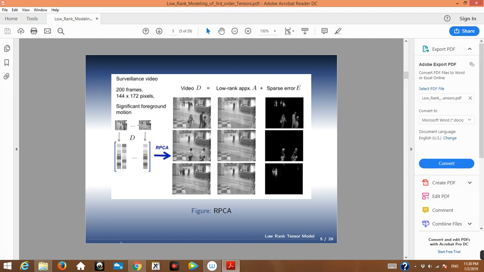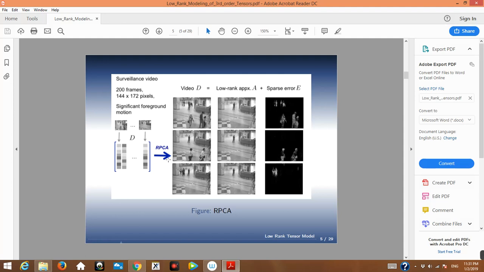So for this video sequence, at each time we have an image, and this image is 144 times 172 pixels. So we can use the width multiplied by the height, and then we can transform this image into a vector, a column of a big matrix.